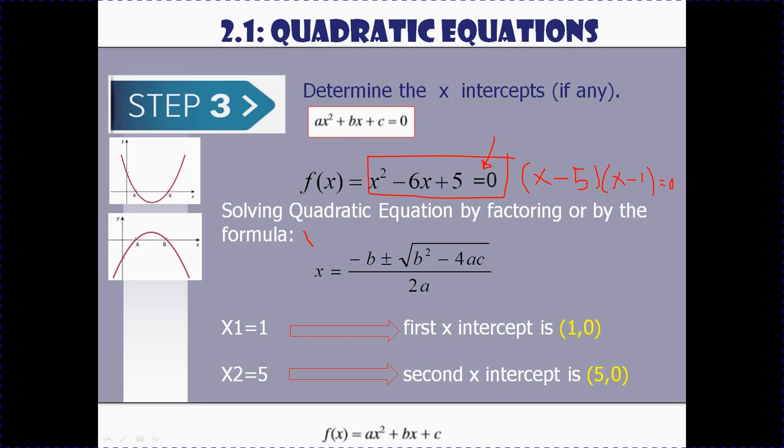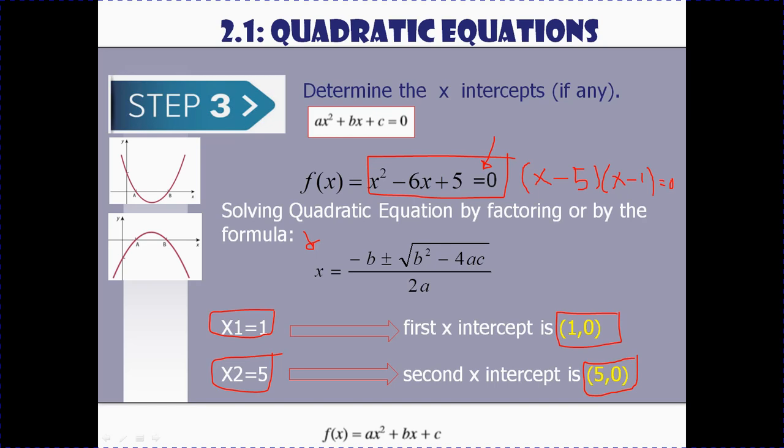Or you can use the quadratic formula: x equals minus b plus or minus the square root of b squared minus 4ac, over 2a. So finally, we'll have two x-intercepts. When x1 equals 1, the first x-intercept is (1, 0), since the y-coordinate of an x-intercept is always 0. And when x2 equals 5, the second x-intercept is (5, 0).